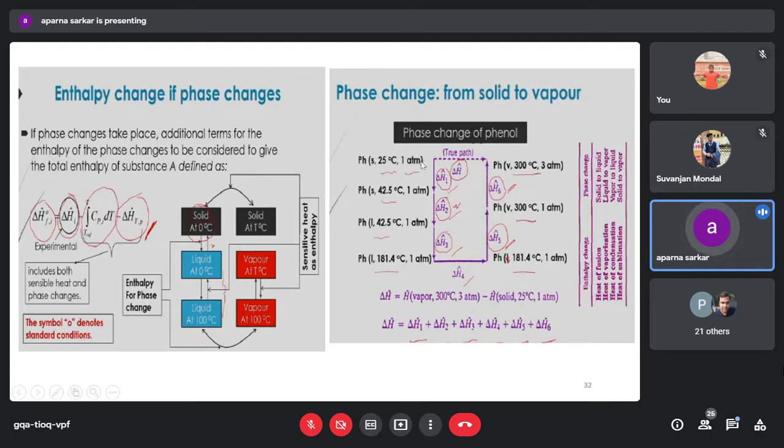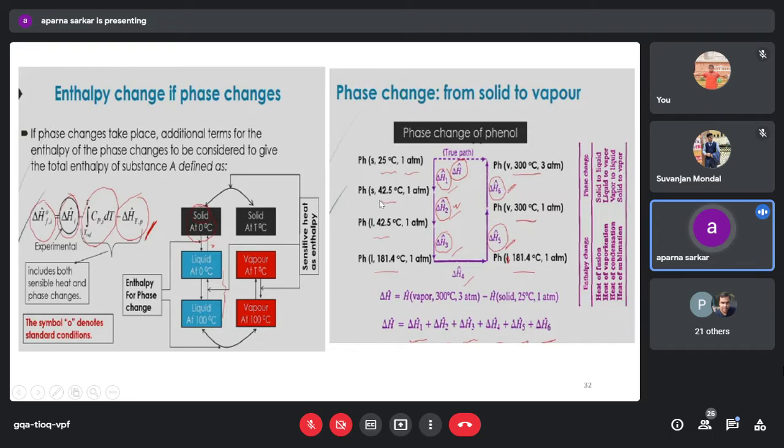Here we have phenol, so del H1 is at 25 degrees centigrade and 1 atm, that is the standard process condition. At this time it is a solid, so this is del H1 bar. Then you increase the temperature but the pressure is fixed.